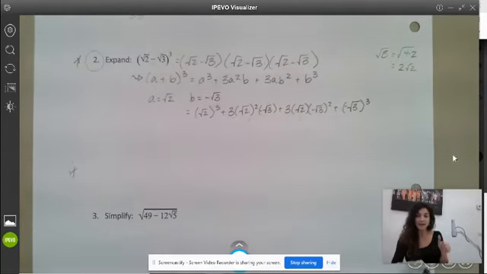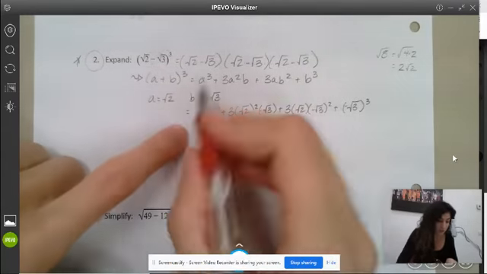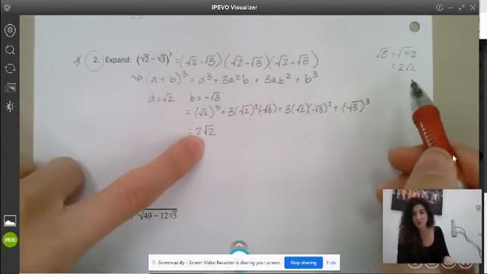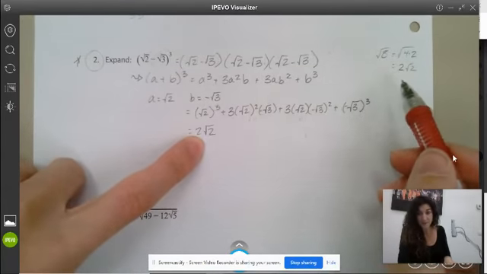Or you can think about it as the same thing being multiplied by itself 3 times. It's the square root of 2 times the square root of 2 times the square root of 2. Two of those square roots of 2 would multiply together, and the square root of 2 times the square root of 2 is 2. So both of those would multiply down to become 2, but you still have one more square root of 2 left. So then this would just become 2 square root of 2, which we saw up here. It's just a different way of thinking about it that might make it a little bit easier.